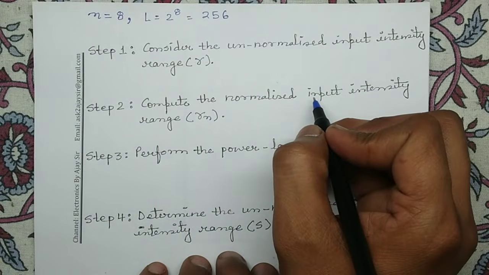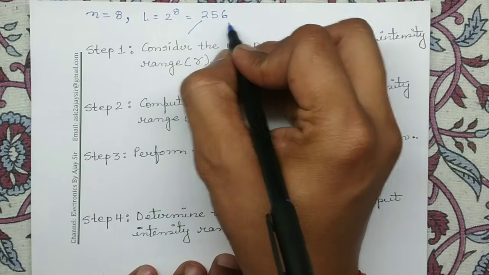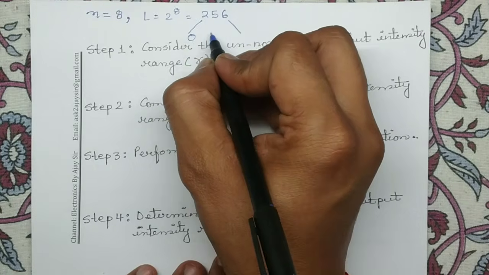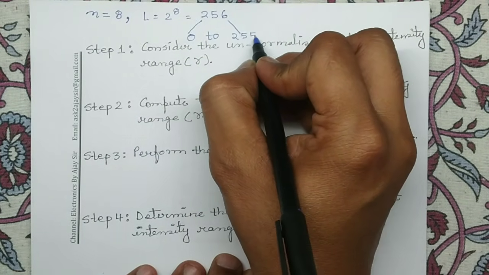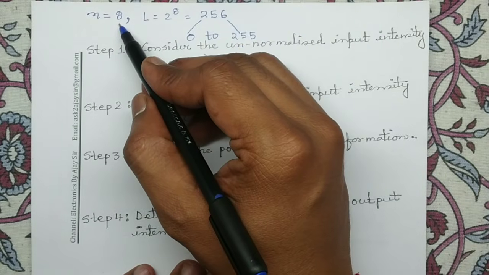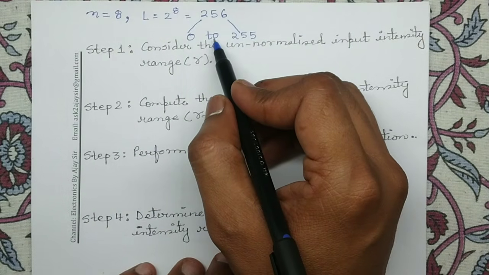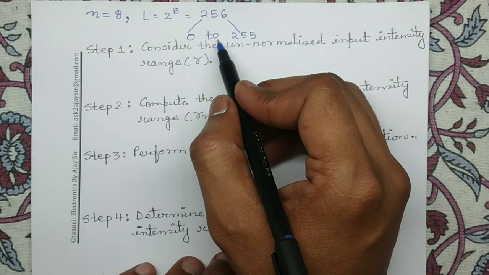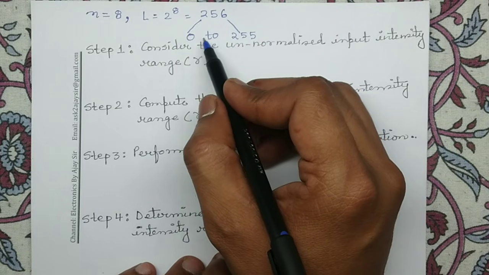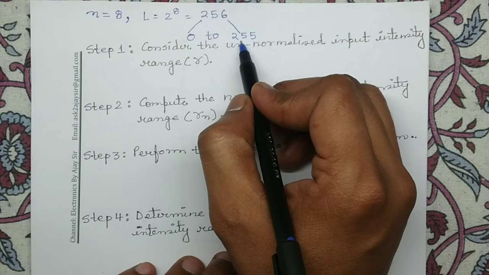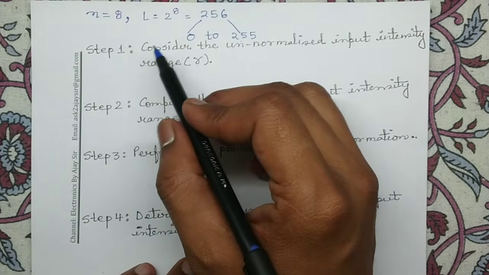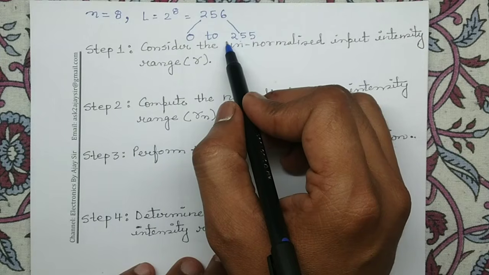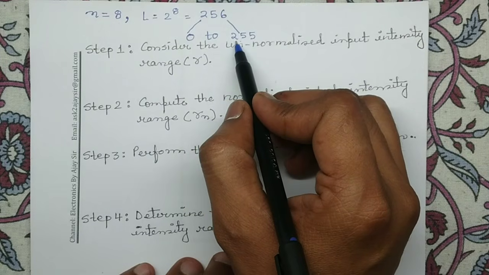Their representation in a digital image starts with the minimum gray level 0 to the maximum gray level 255. So for an 8-bit digital input image, the intensity of gray level varies from 0 to 255, or in other words, the unnormalized input intensity range R varies from 0 to 255.